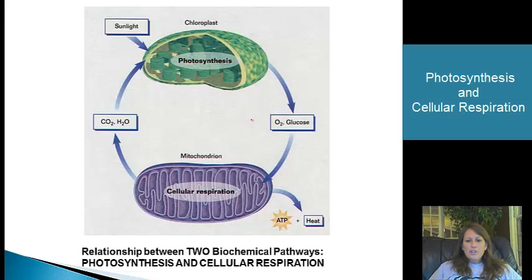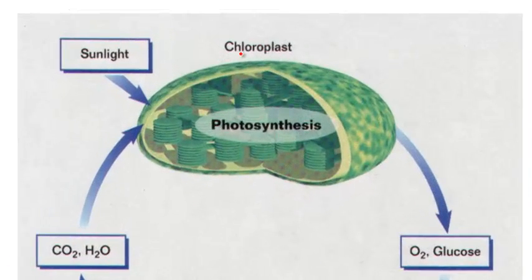So this is how these two, and they call them biochemical pathways, are interconnected as far as the products and the reactants. So if I come up here, here's my chloroplast, okay? So this is in my plant, and photosynthesis is going on. Sunlight's coming in. We talked about thylakoids and stroma, light and dark reactions, and then what is given off, the two products of photosynthesis, is oxygen and glucose.